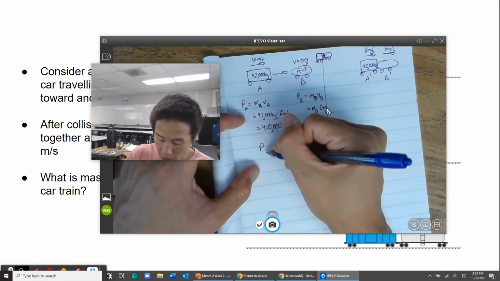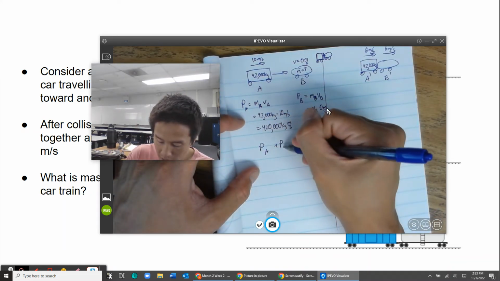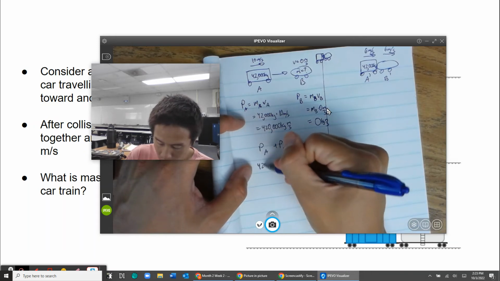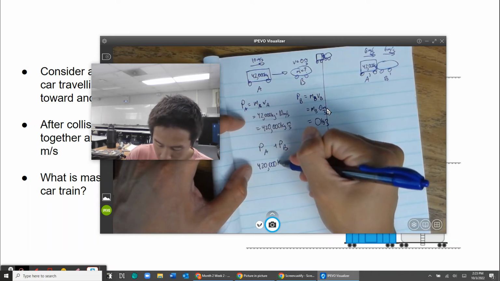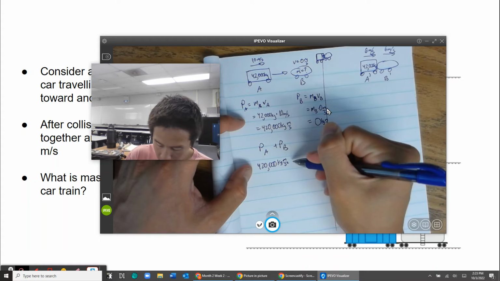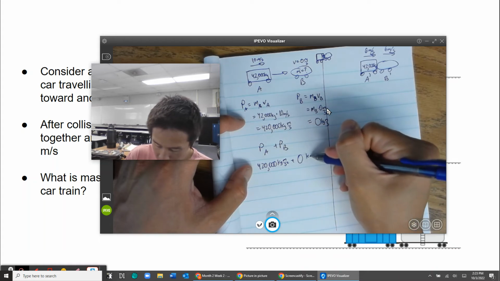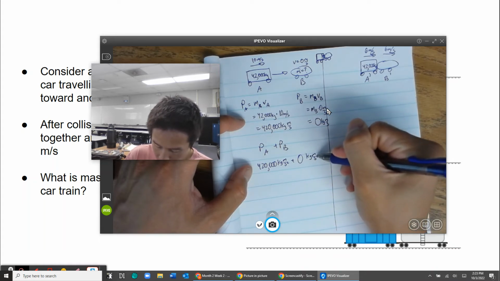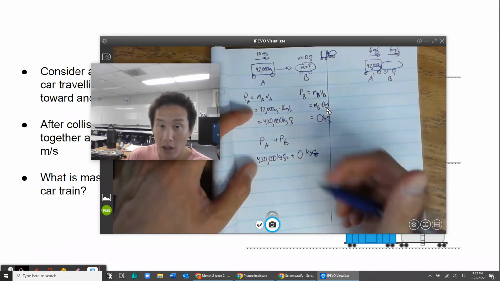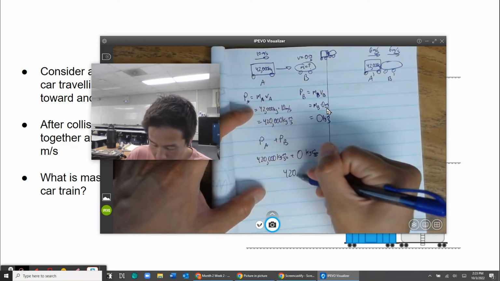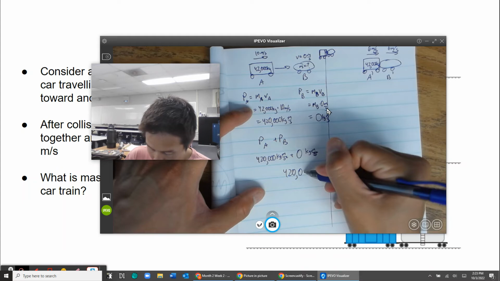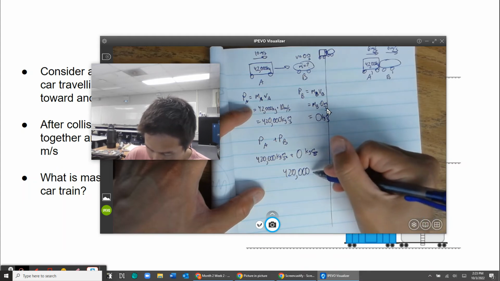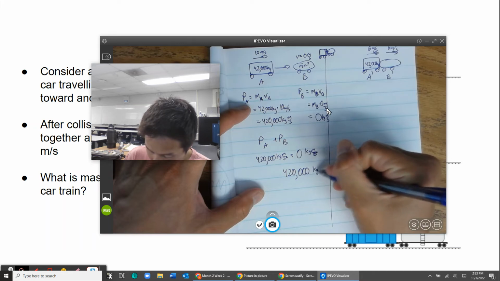And then the whole point is you have to add the momentums together on this side, which would be 420,000 kilograms meters per second plus 0 kilograms meters per second. Oops, not meters per second squared, just meters per second, which gives me a total of 420,000 kilograms meters per second.